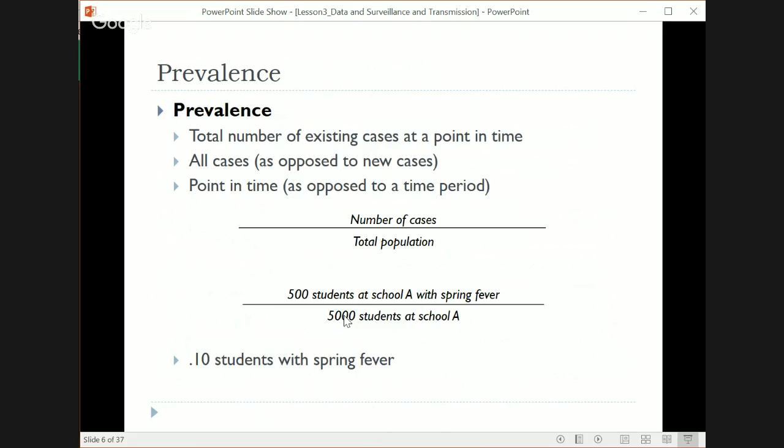For this example, we have 500 students at School A with spring fever, over 5,000 students at School A. So we don't care when these people developed spring fever. We're just saying there were 500 students at School A who had spring fever, and a total of 5,000 students at School A, to give you a prevalence of 0.10 students with spring fever. So 1 in 10 students.